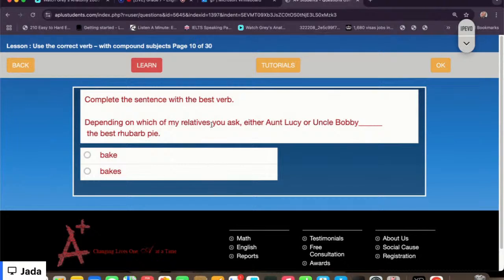So depending on which of my relatives you ask, either Aunt Lucy or Uncle Bobby, dash the best rhubarb pie. Which one is the right one?